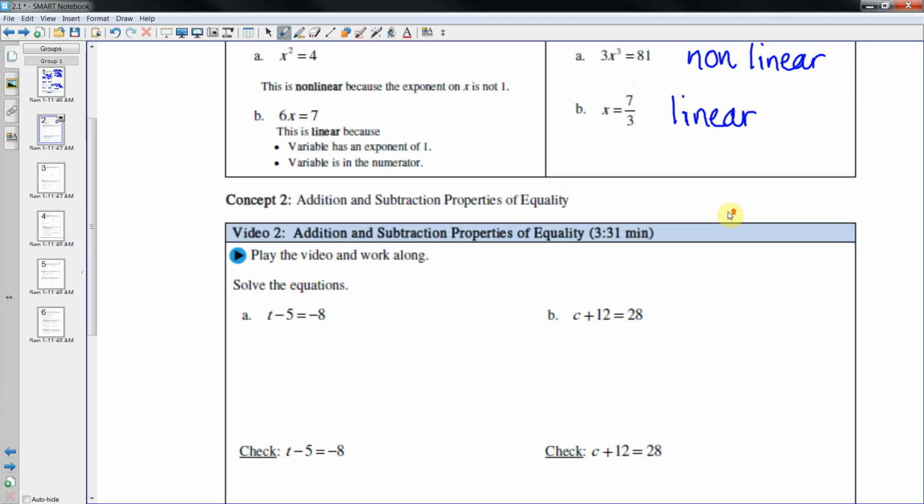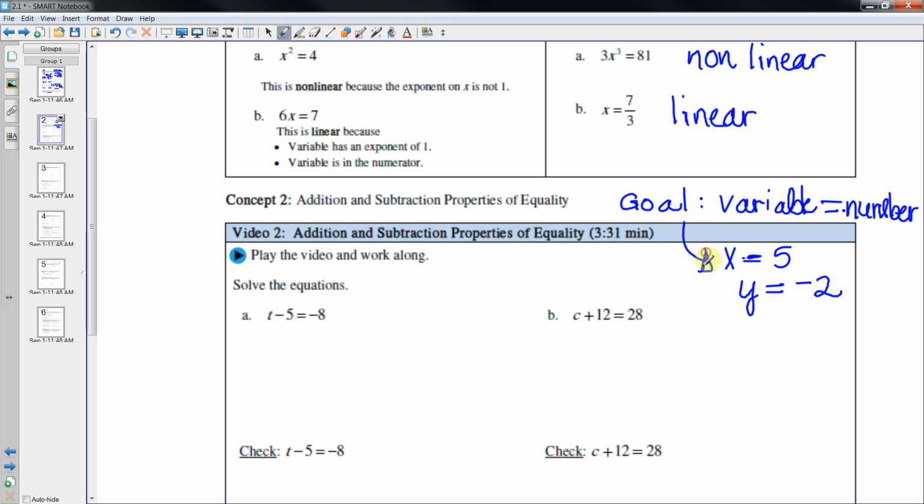Alright, now, let's talk about solving. When we're solving equations, our goal is to have a variable equals a number. So for example, we want to have x equals 5, y equals negative 2. That is our goal, okay?